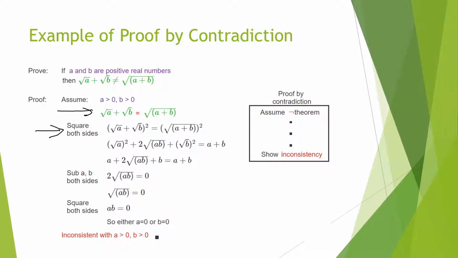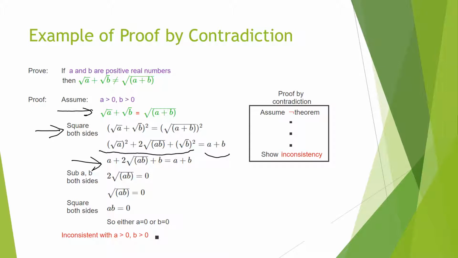If you square both sides and simplify it by the algebraic operations that you know, the right hand side becomes A plus B, the left hand side becomes square root of A squared plus 2 times square root of AB plus square root of B squared, which means that A plus 2 times square root of AB plus B is equal to A plus B. If you cancel A and B from both sides of the equation, what we get is 2 times the square root of AB is 0, or the square root of AB is 0, which means that A times B is 0.